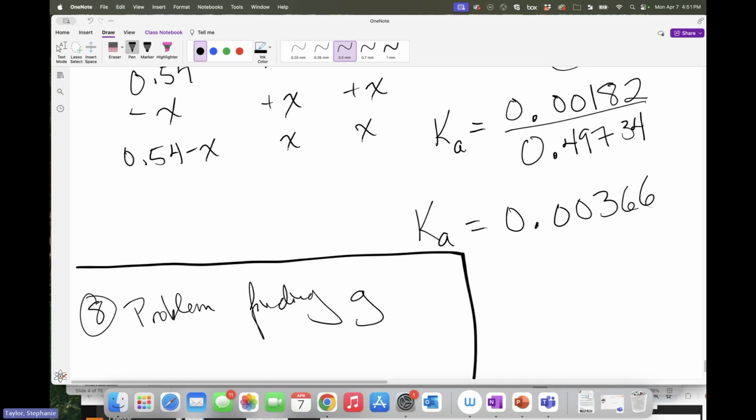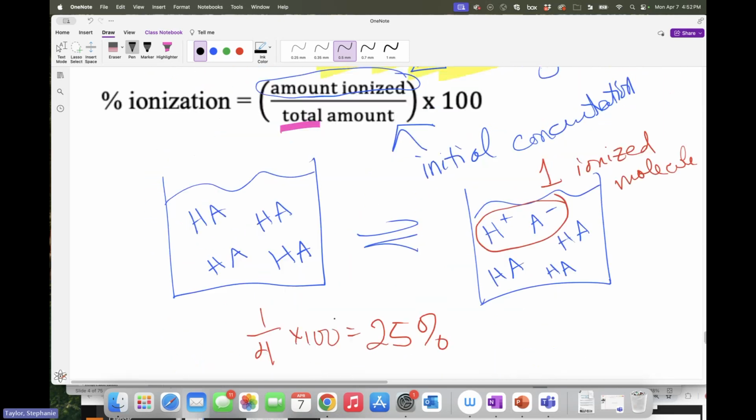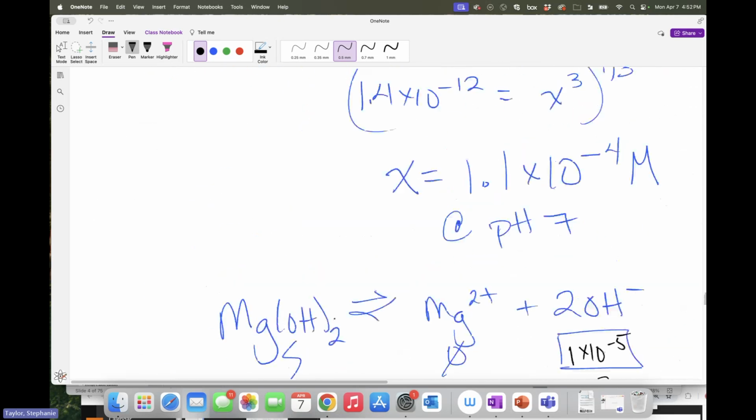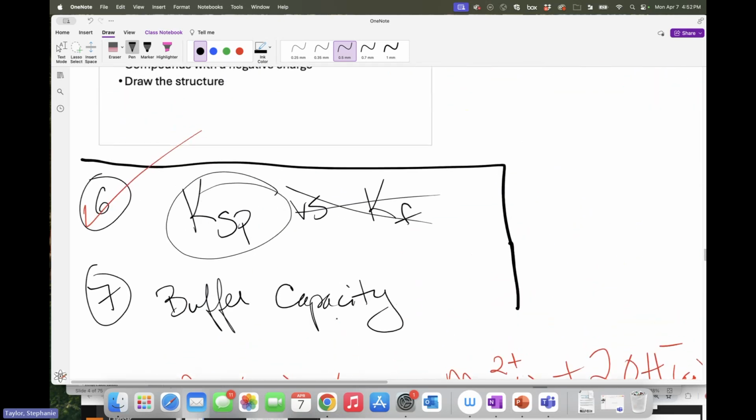Oh, sure. Absolutely. Which one do I want to do? Let's go ahead and do buffer capacity first, because we're getting kind of close to time, and buffer capacity is really not that bad.